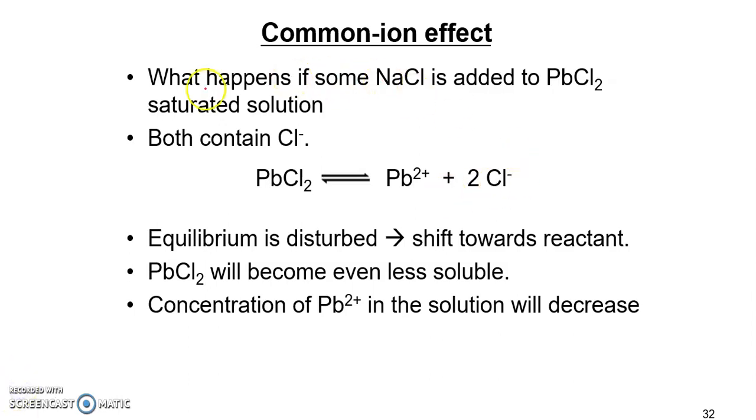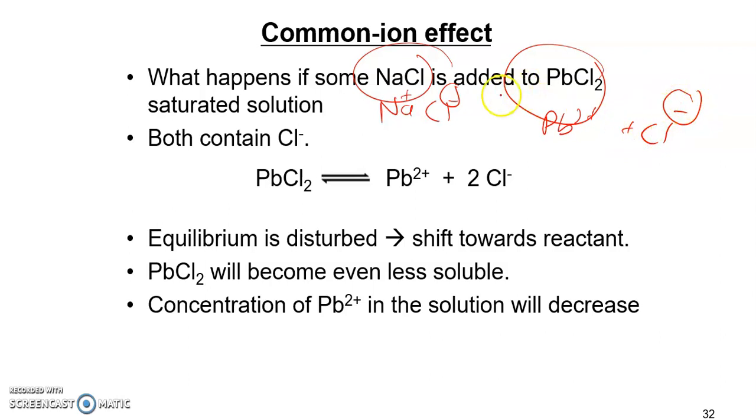It means that if we have 2 species in a solution, we add more here. For this compound we have Na+ and Cl-, and for this compound we have Pb2+ and Cl-. So the ion in common here is Cl-. Both compounds contain chloride ion.